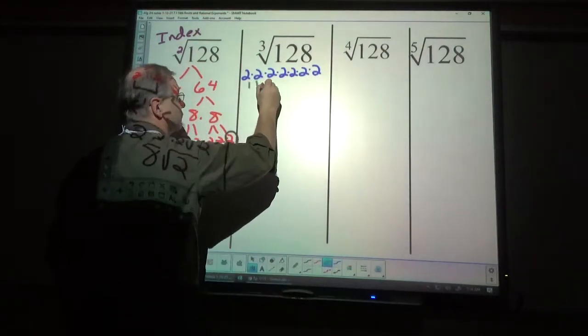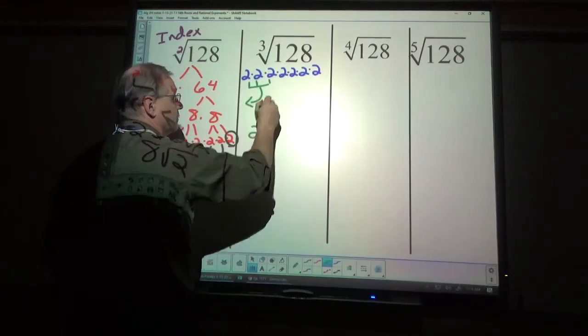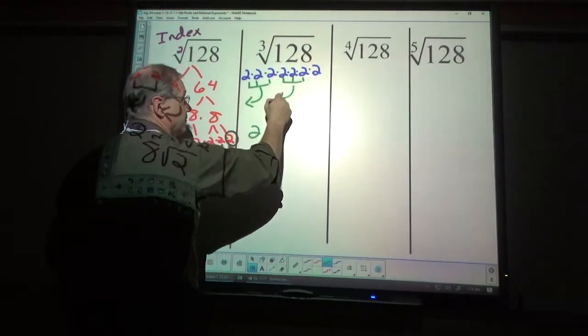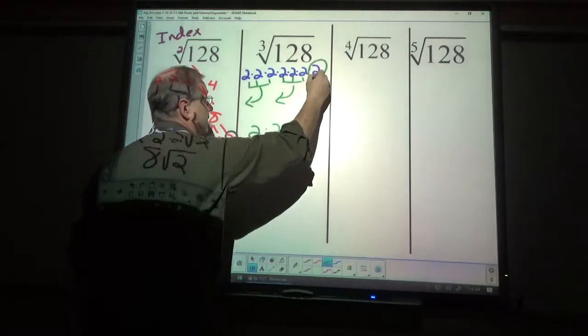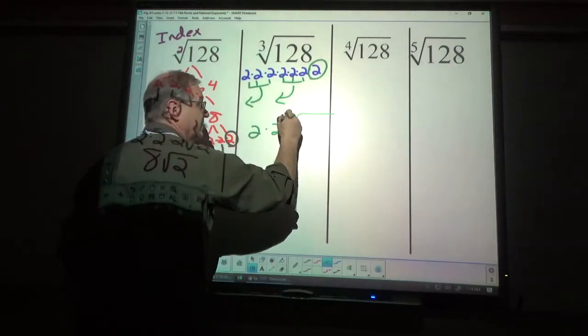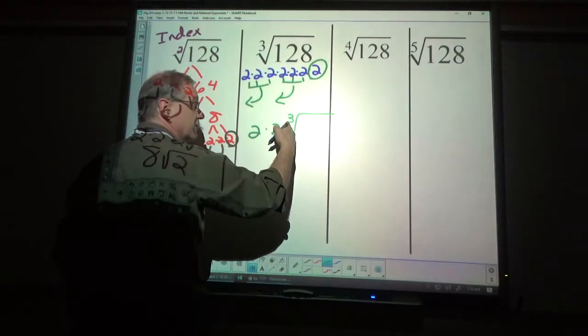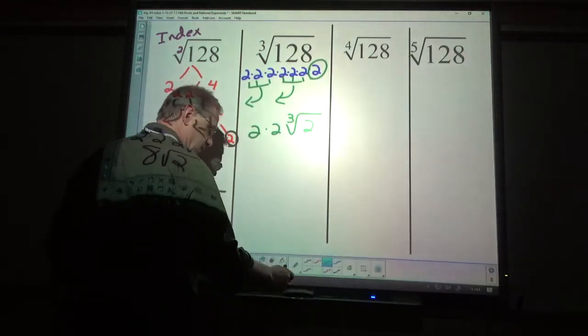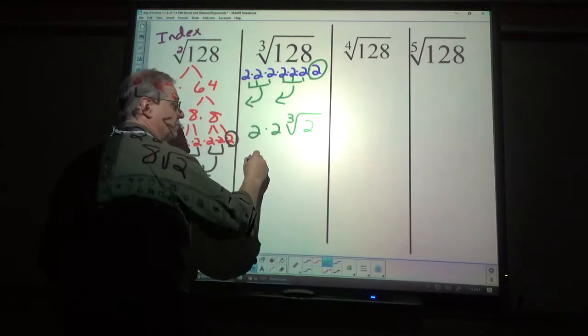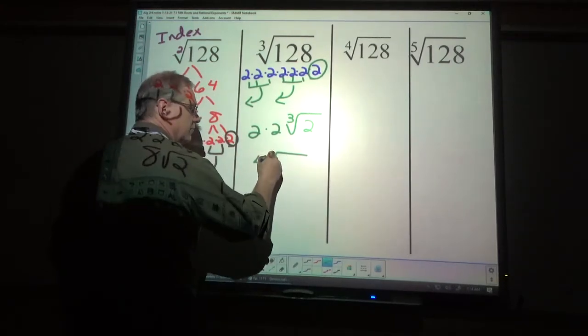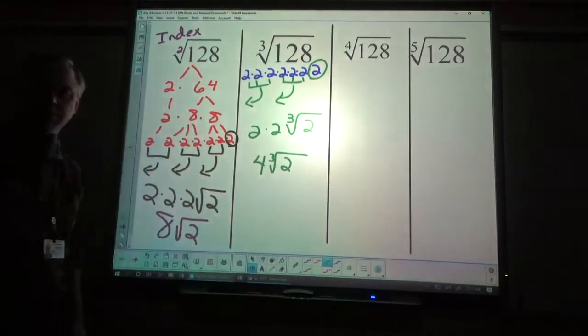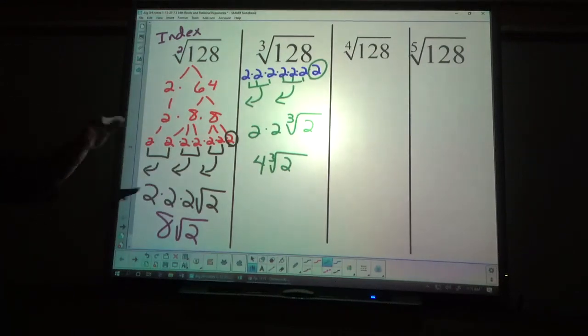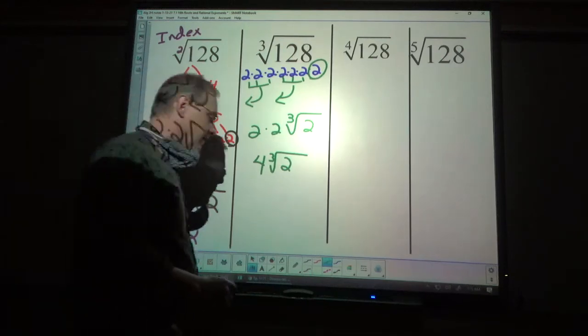So 1, 2, 3 2s, I can pull one out. 1, 2, 3, I can pull one out. And there's one left over. It stays inside the cube root, don't forget your index, of 2. So your final answer here would be 4 cube root of 2. It's easy to forget the index, so please be careful of it and watch for that.